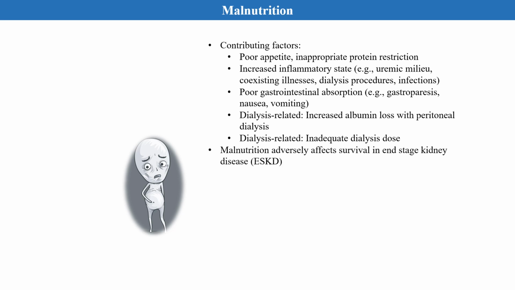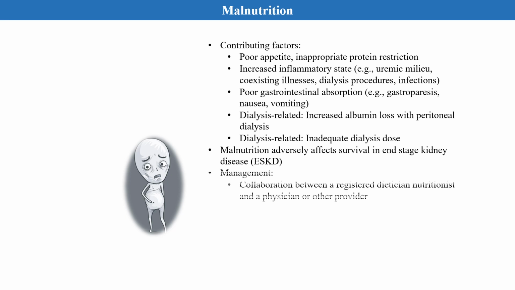Malnutrition adversely affects survival in patients with end-stage kidney disease or ESKD. Collaboration between a registered dietitian nutritionist and a physician or other providers such as a nurse practitioner or physician assistant to provide medical nutrition therapy is recommended. Protein supplements should also be considered.